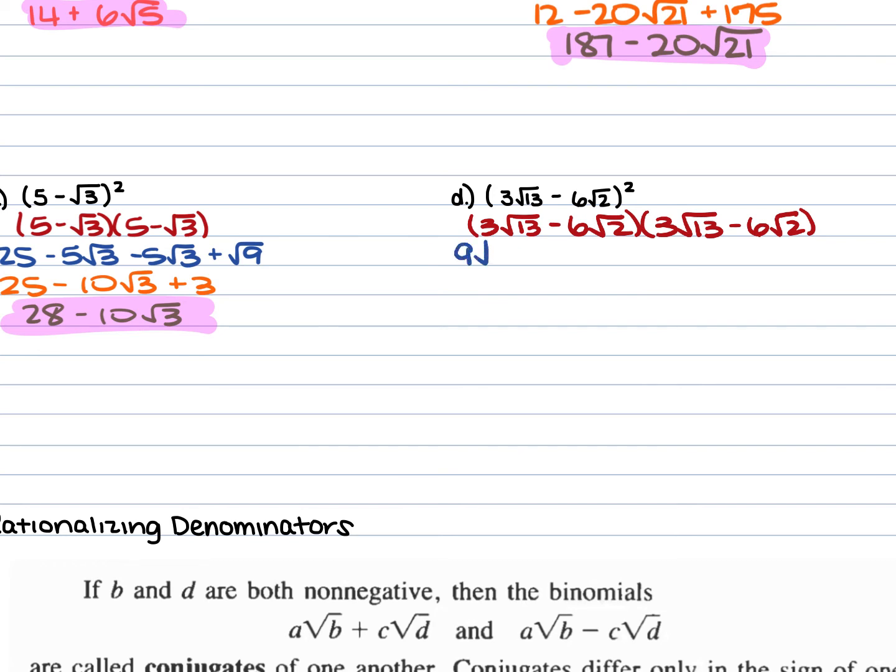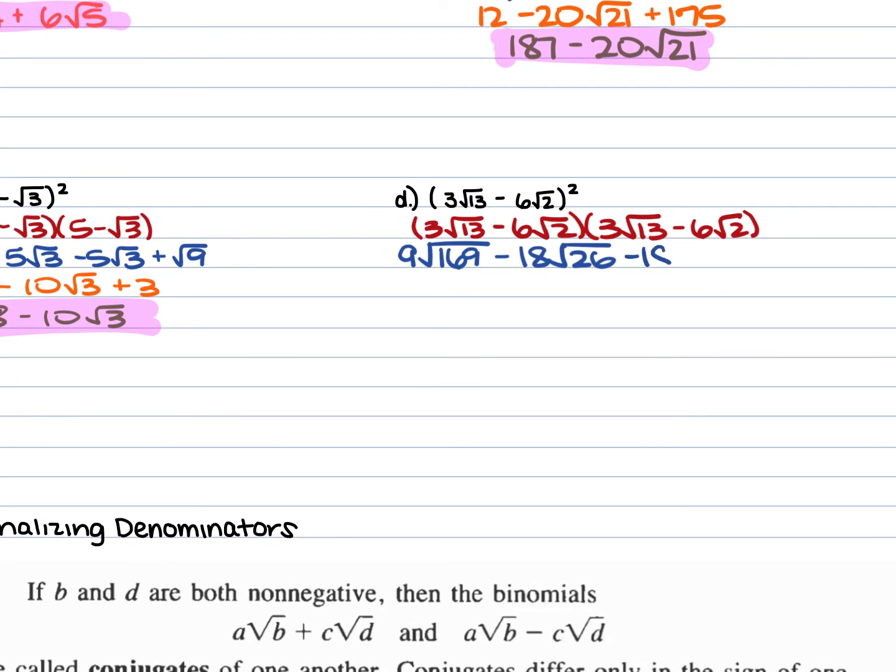Square root of 13 times the square root of 13 is the square root of 169. 3 square root 13 times negative 6 square root 2 is negative 18 square root 26. Negative 6 square root 2 times 3 square root 13 is negative 18 square root 26. Negative 6 square root 2 times negative 6 square root 2 is positive 36 square root 4.